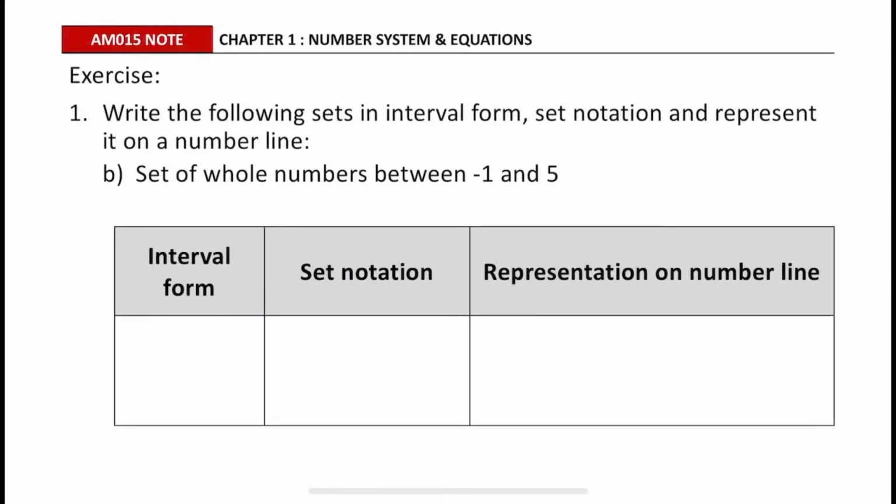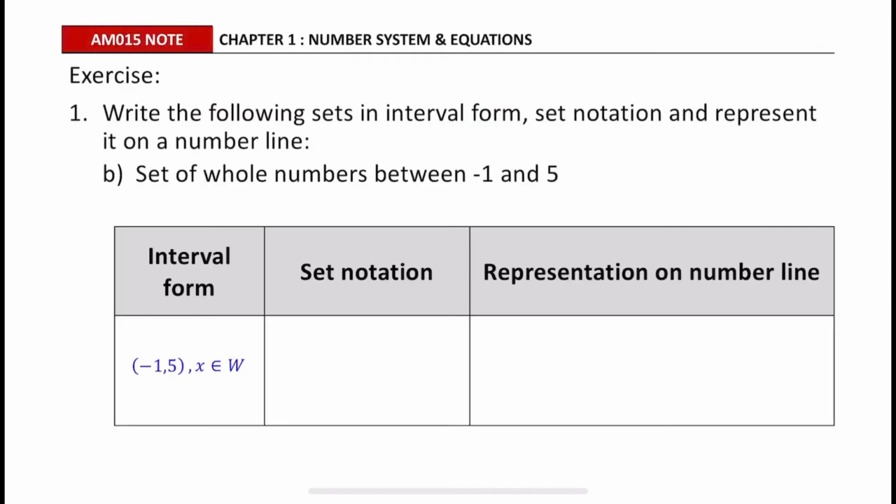Question B is set of whole numbers between -1 and 5. Because of the word between, we know that -1 and 5 are not included. Therefore, the interval is an open interval -1 to 5. However, we must define x as an element of whole numbers.